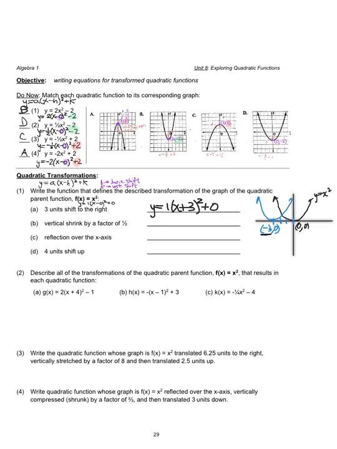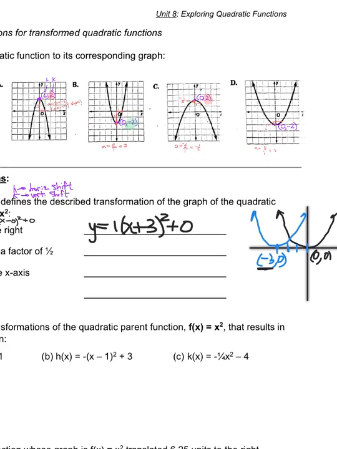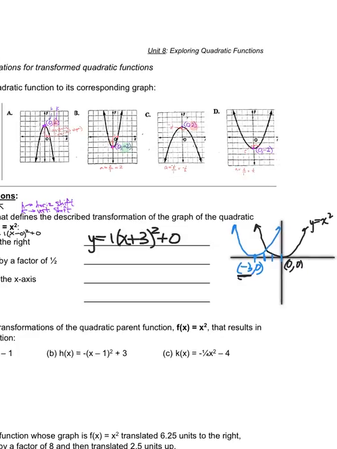So each one of these is talking about a standard transformation of the quadratic parent function. So this is a separate transformation. The vertical shrink by a factor of 1/2 is not, so we're working off of the base function y equals x squared. So this is going to be y equals, the only thing that's going to be impacted is the a value.